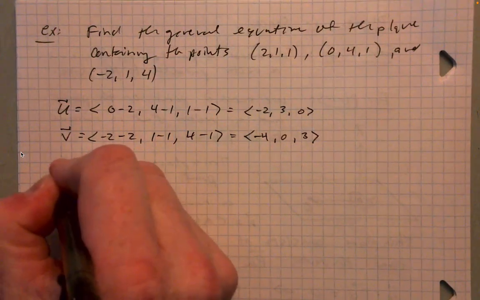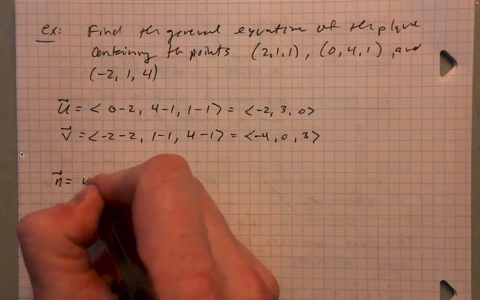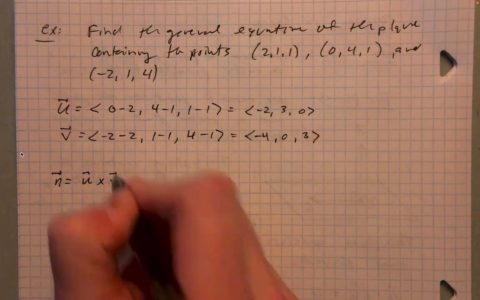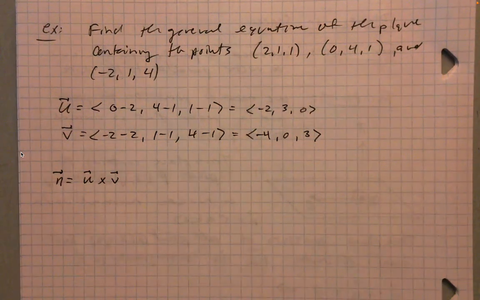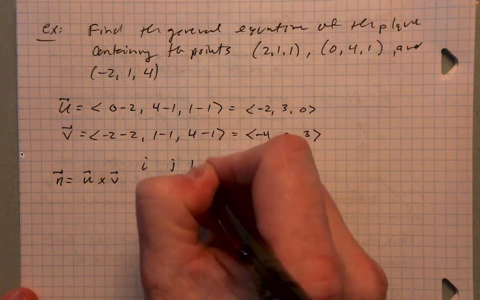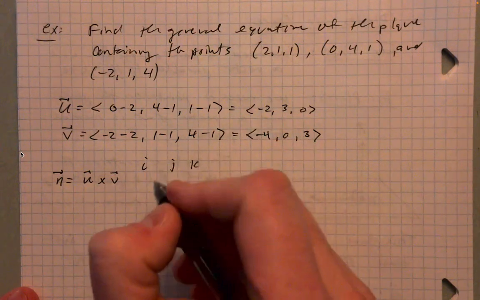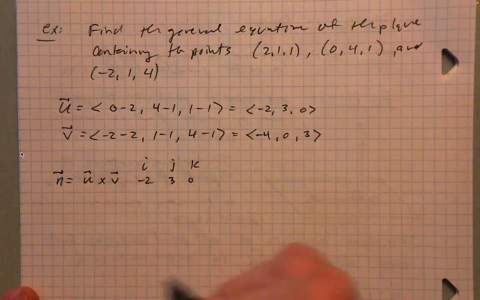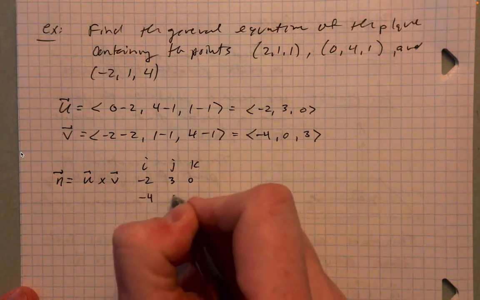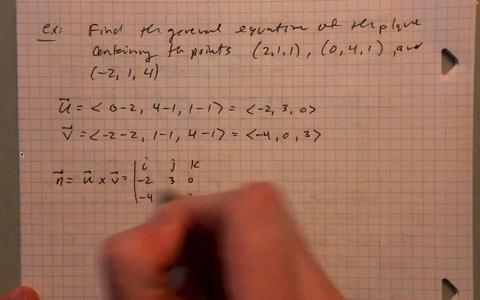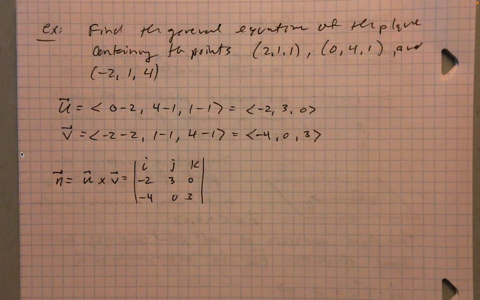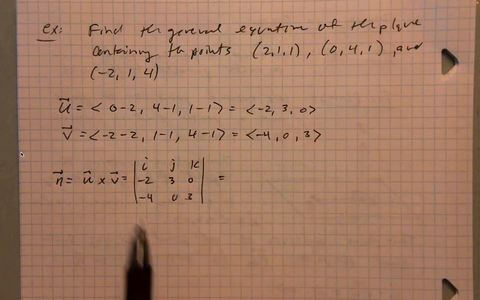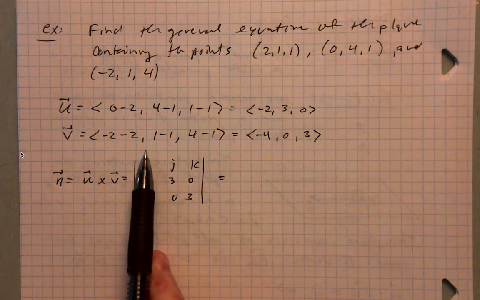We say n is equal to u cross v. You could just as well do v cross u. We can crank out that cross product really quickly. We know that it is the determinant of this. Crossing out the i, you would get 3 times 3 minus 0 times 0.